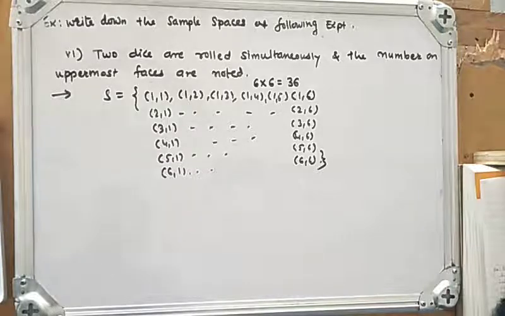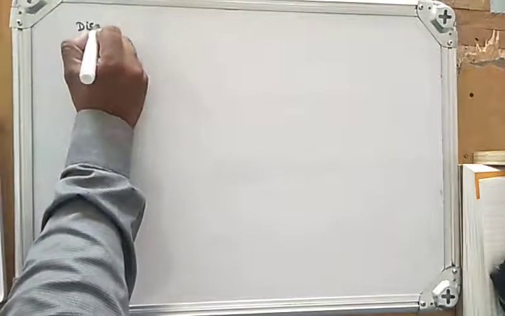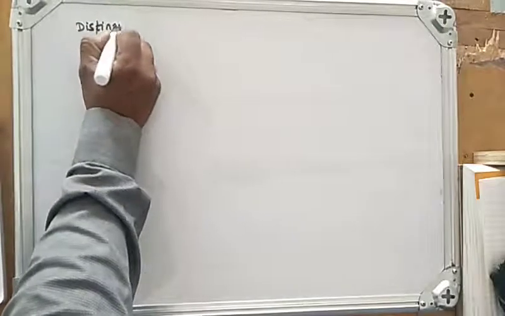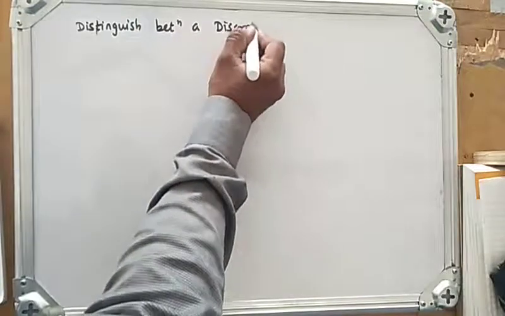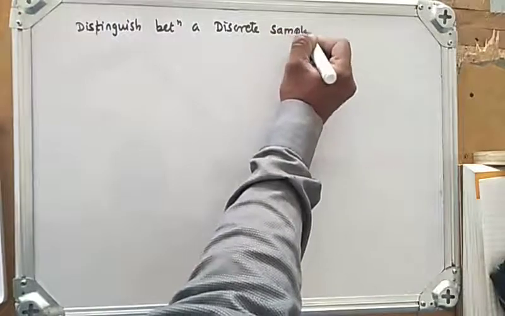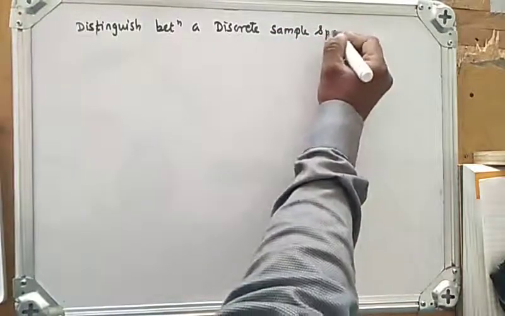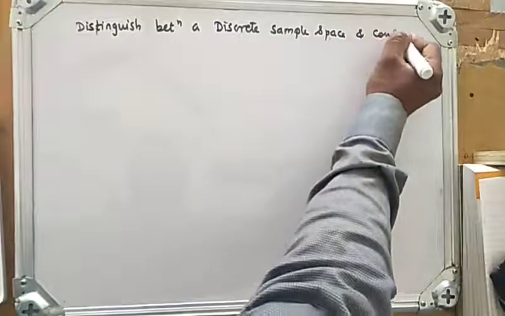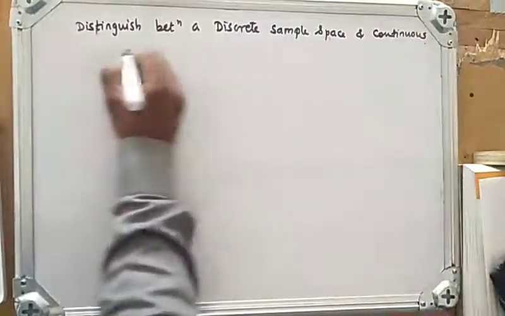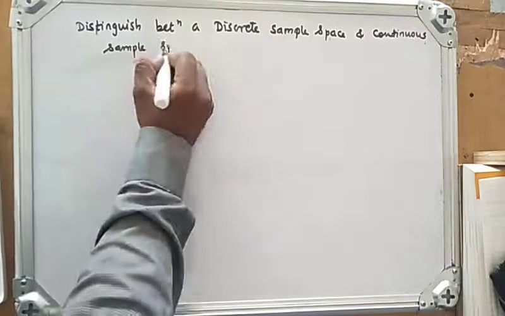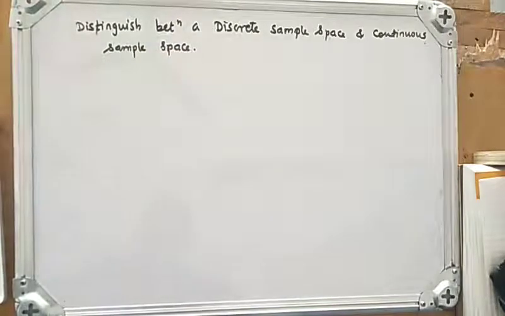A discrete sample space consists of isolated values, whereas a continuous sample space consists of some interval on the real line.